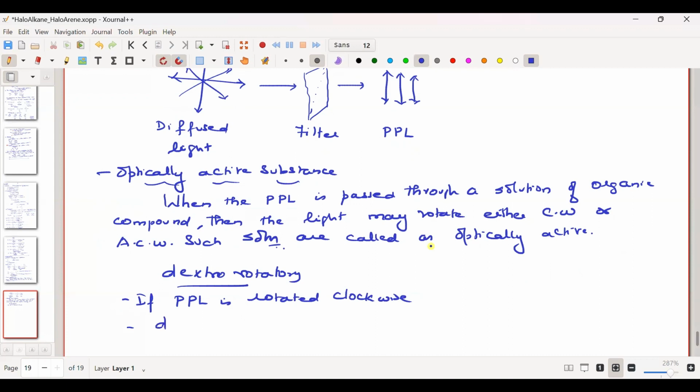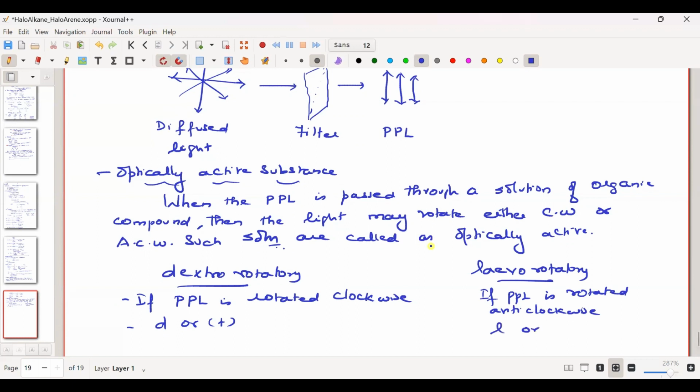It can also be represented as small d or plus sign. Then the other one is levo-rotatory. So levo-rotatory is if PPL is rotated anti-clockwise. This is L or minus. Okay.